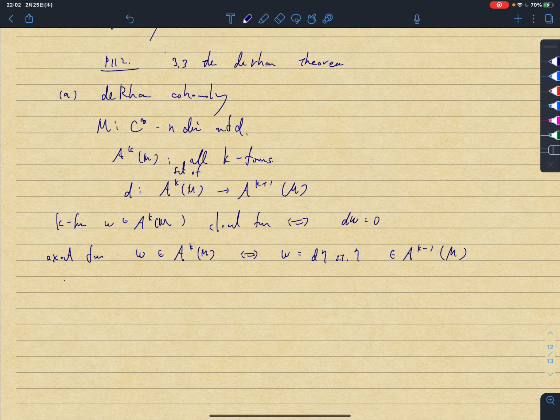Since d squared, the double d, is 0, any exact form is a closed form.